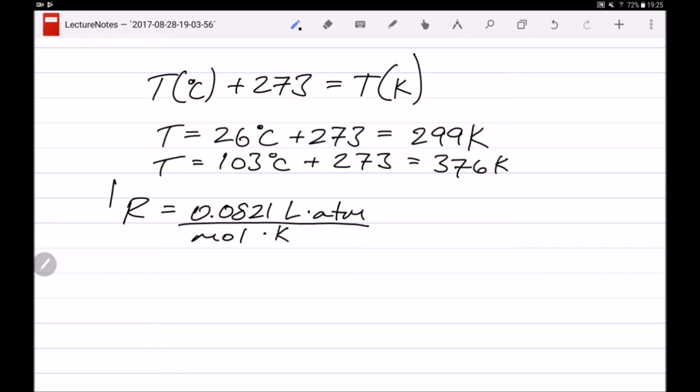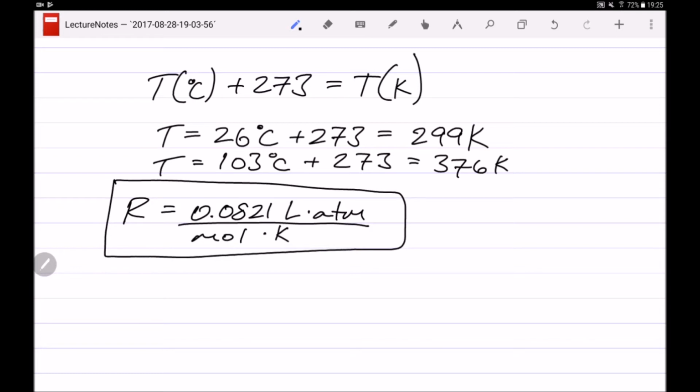Now there are other gas constants out there, but they have other units. The one we want to solve these problems is the one with liter atmospheres. We don't want joules. So this will always be R, and we will always know what R is.